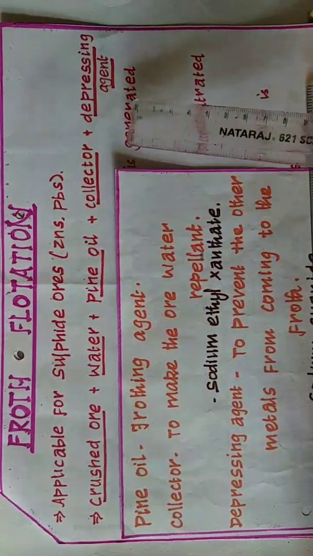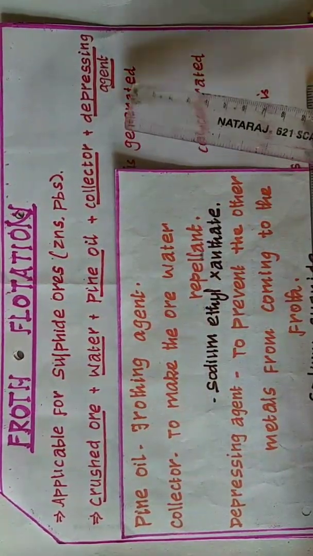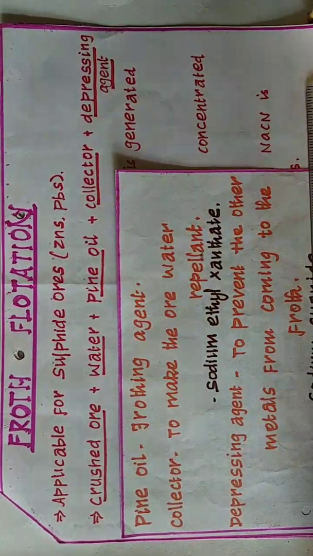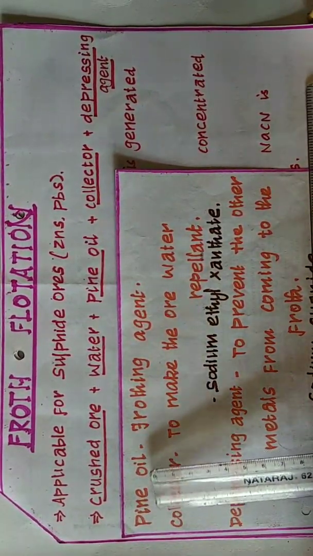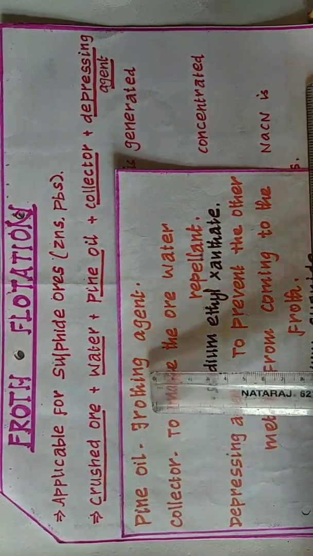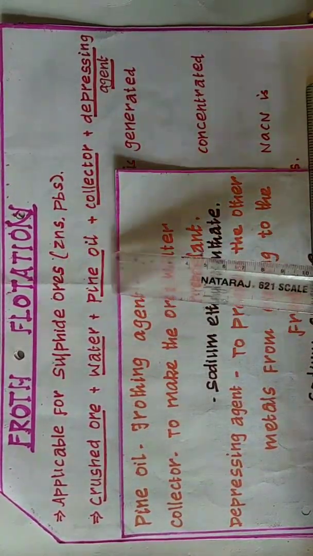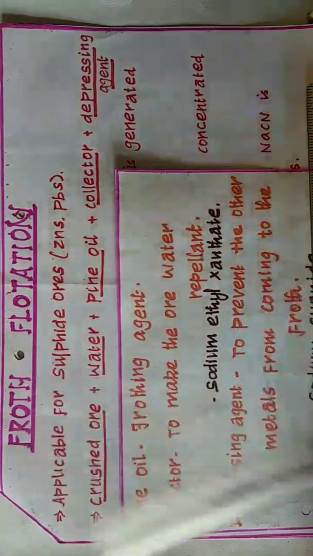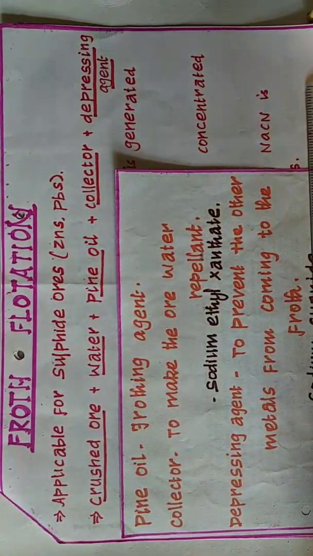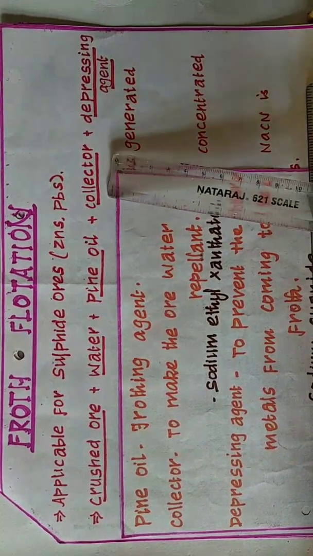Then collector and depressing agent. The role of all these things I have written here. First, pine oil. What is the role of pine oil? It acts as a frothing agent, which means it is responsible for the generation of the froth.